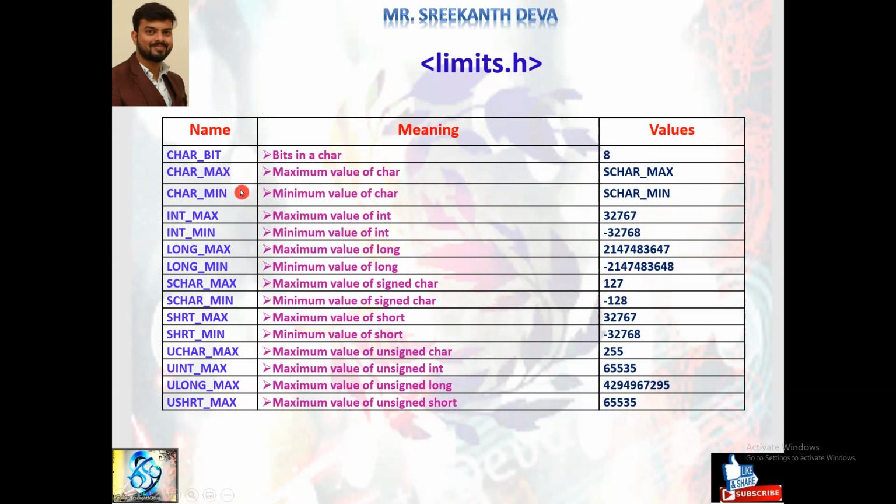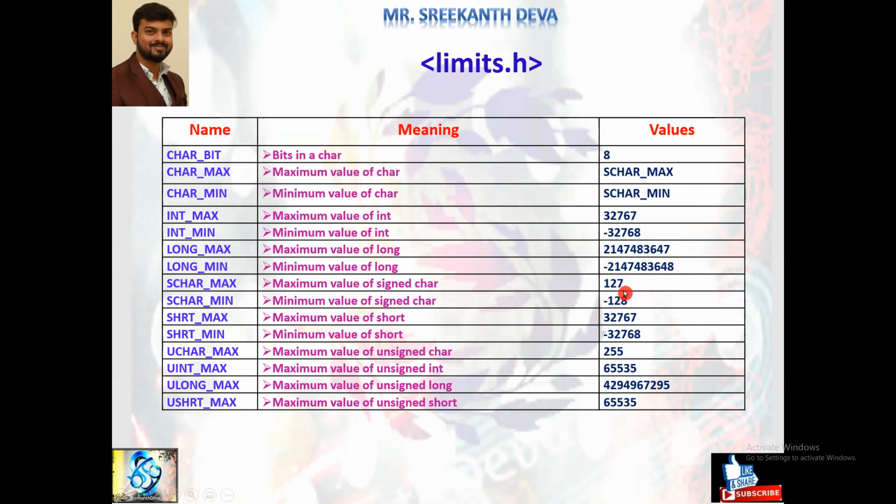CHAR_MIN, minimum value for character. SCHAR_MIN, minimum value of signed char, minus 128. See, the character or signed character min and maximum range is minus 128 to plus 127.